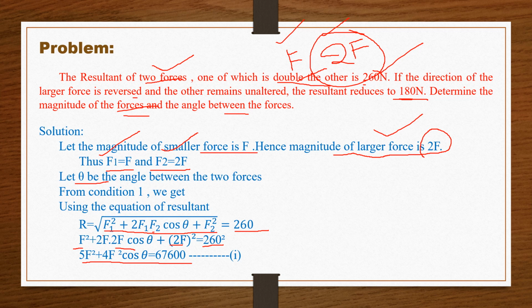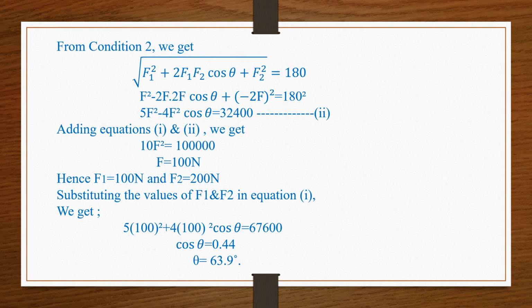Up to this is condition 1. Now coming to the second condition. From condition 2, the larger force is reversed, meaning the F2 value is assumed as minus 2F. Then the equation of resultant is under root of F1 square plus 2 F1 F2 cos theta plus F2 square, which equals 180.